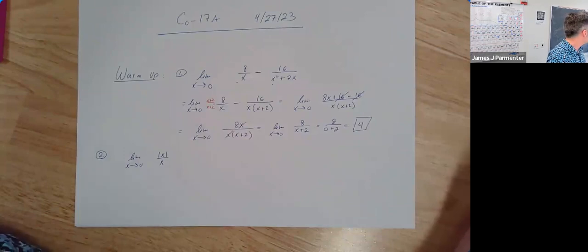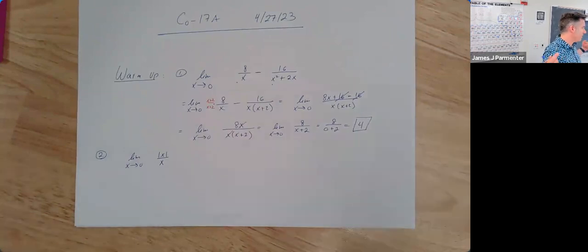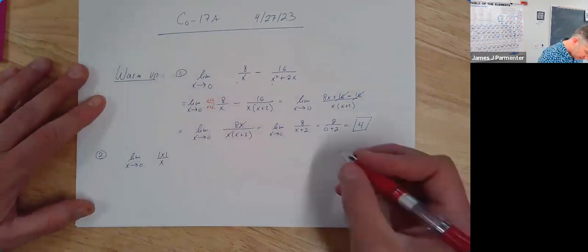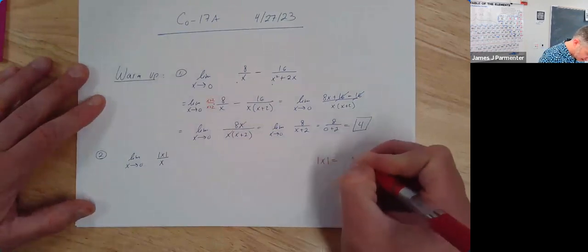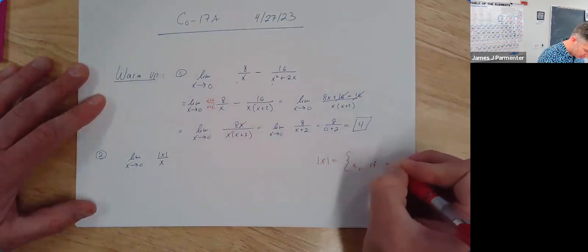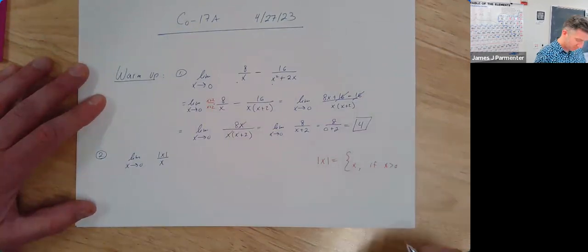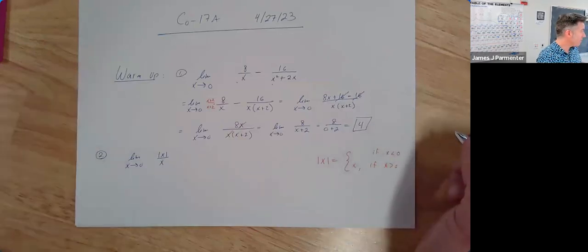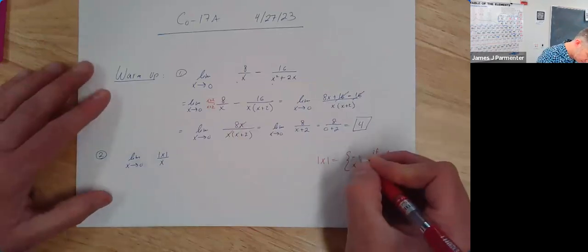If you're not sure about a limit, sometimes you have to look at the right and left-hand side, because this absolute value of x function is actually a piecewise function. I remind everybody that the absolute value of x is equal to just x if x is already positive. But if x happens to be negative, then you have to negate the negative to make it positive.